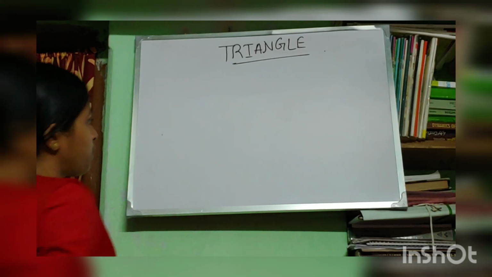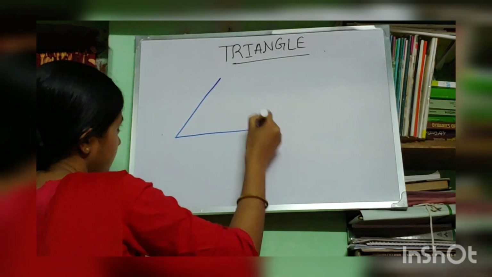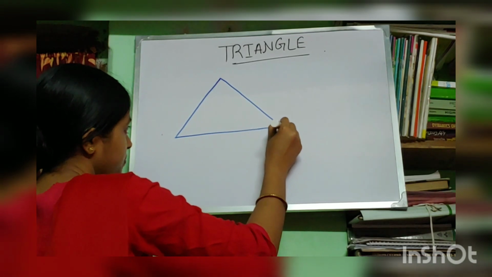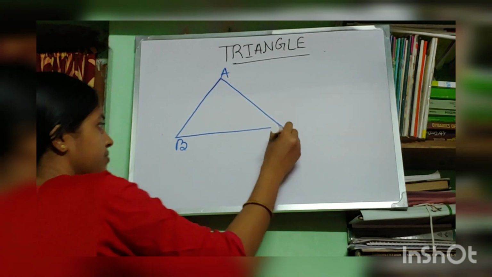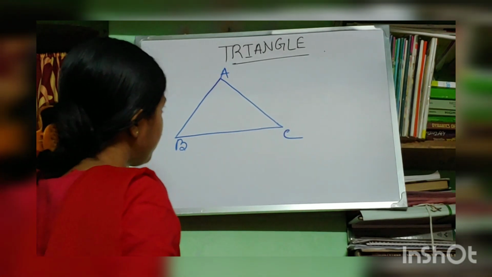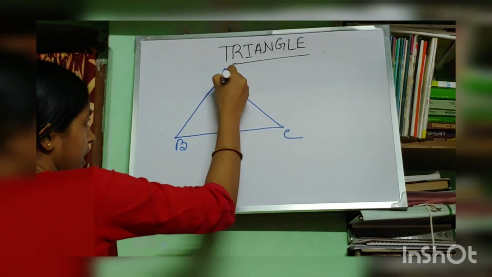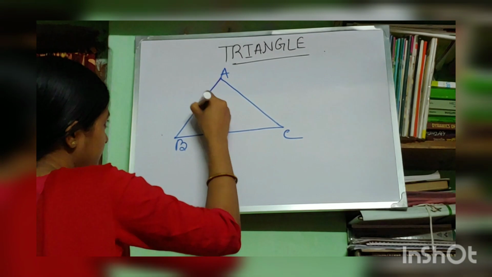A closed figure formed by three straight lines. That is called a triangle. Now a triangle has how many vertices? 3. A, B, C. 3 vertices. How many sides? 3.